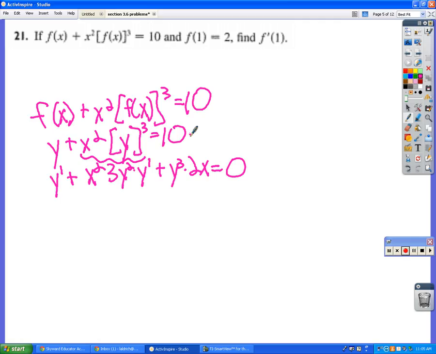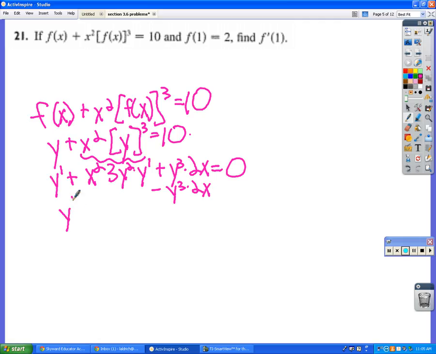Okay, and then we want to do isolation. So we'll move this over, we can subtract this. You just do the opposite. Yeah, I'm just gonna move this over.